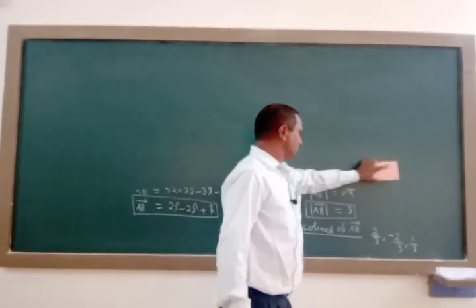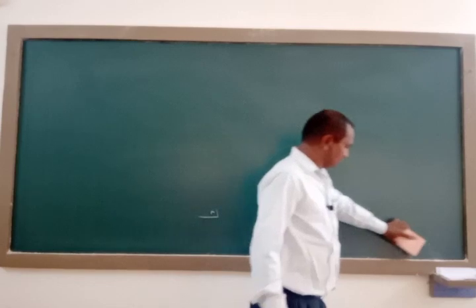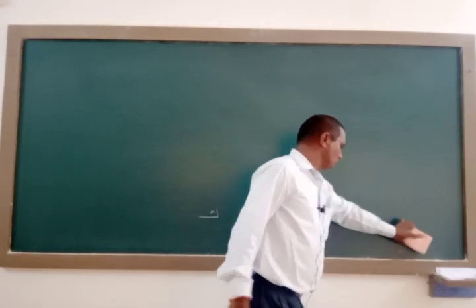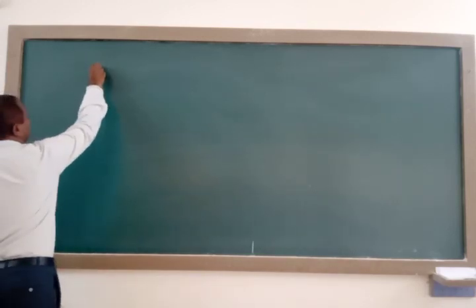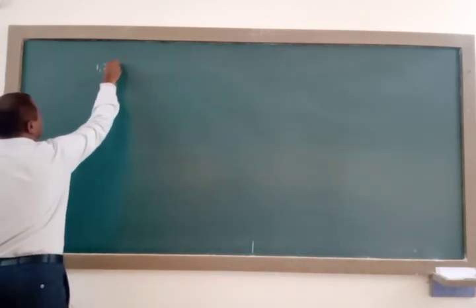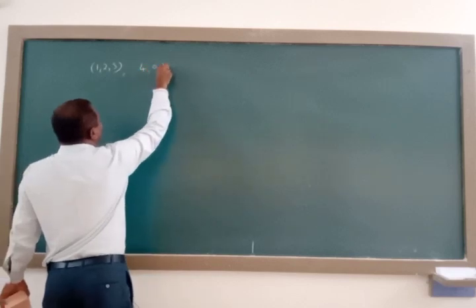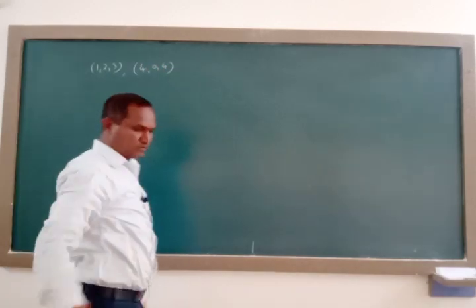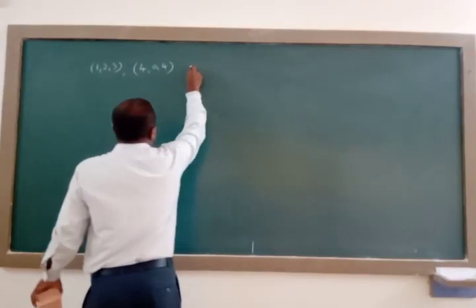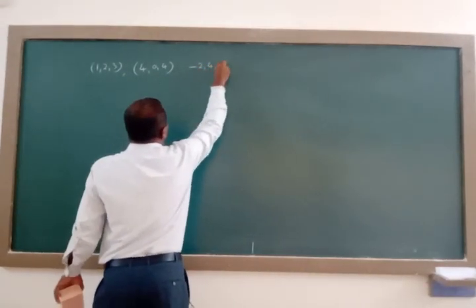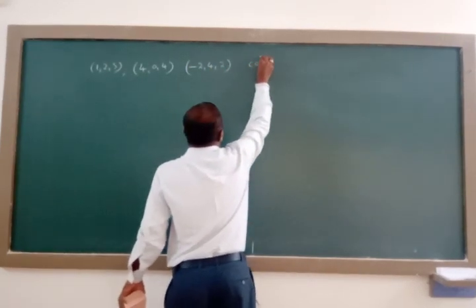Next question is, show that the points 1, 2, 3, 4, 0, 4 and minus 2, 4, 2 are collinear points.